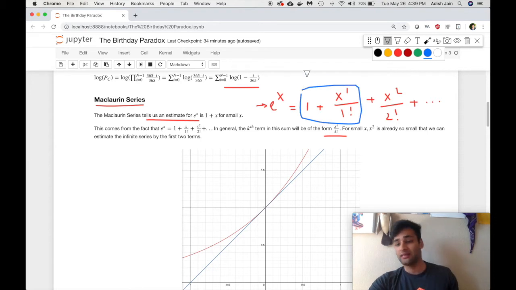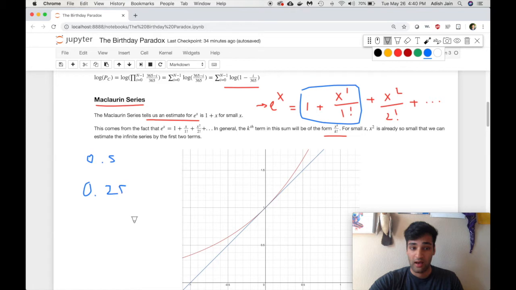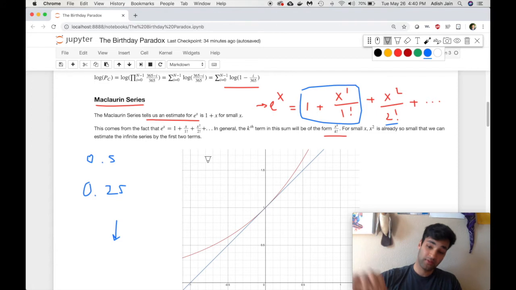And so why is that? That's because, imagine my x is really small, like 0.5. Then my x squared is going to be like 0.25, and then I'm also dividing that by 2. So as x becomes smaller and smaller, the square of x becomes even smaller.